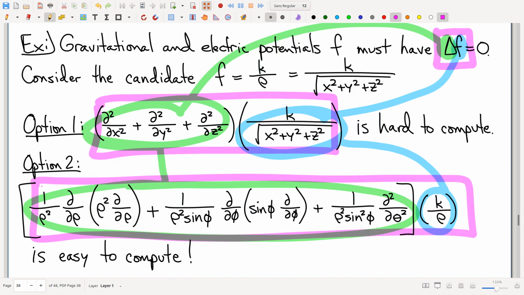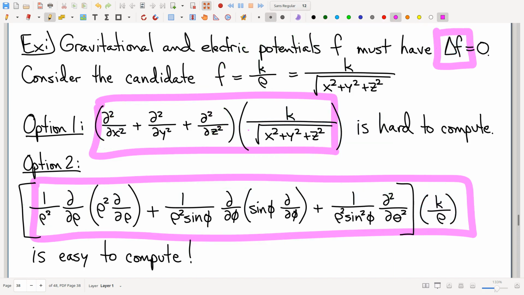Now, which would you rather? Would you rather compute this expression or this expression? Again, I don't think I've made a sale yet, because this is looking not that bad, and this is looking way worse.